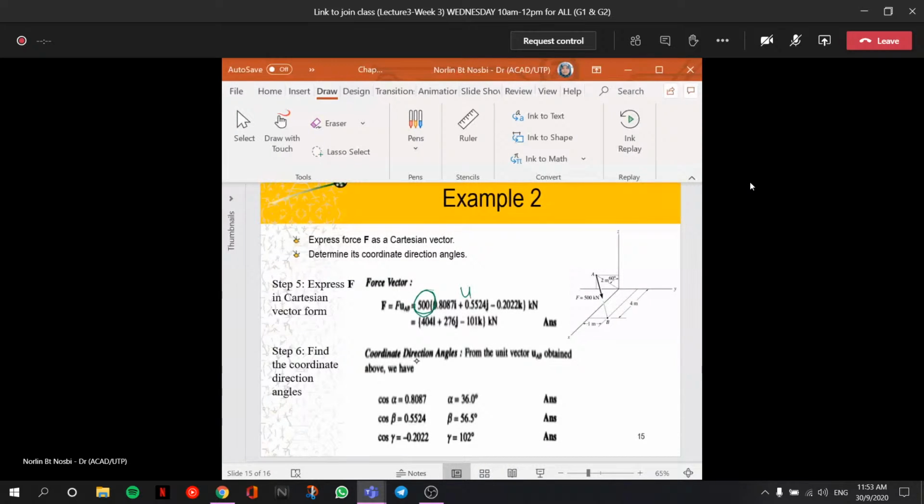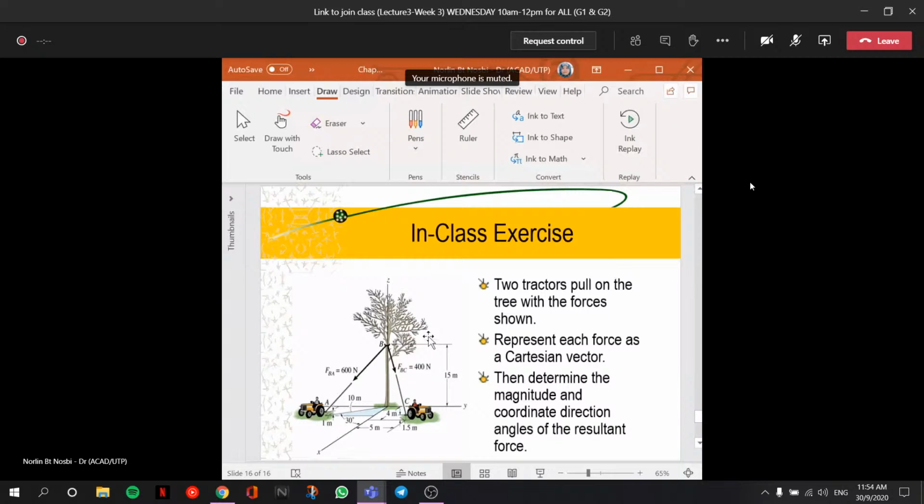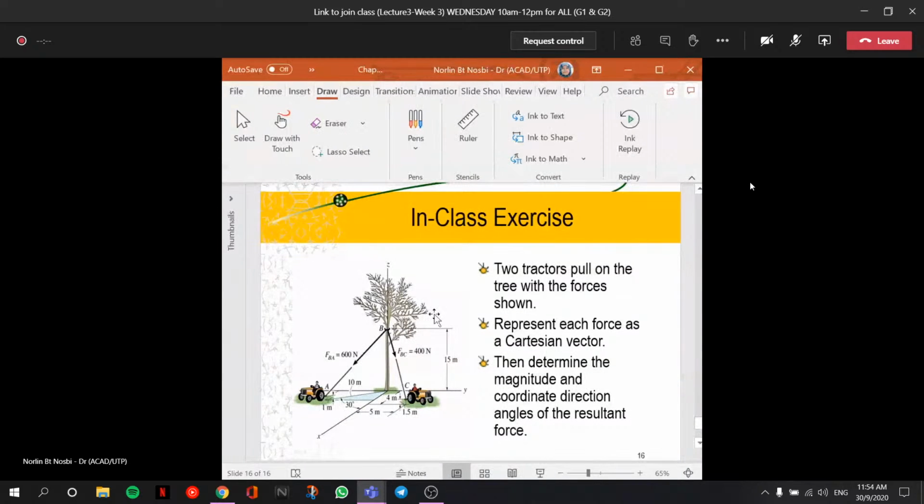From here, you will get the alpha, beta, and gamma. So this question, you can try it on your own. We don't have time.